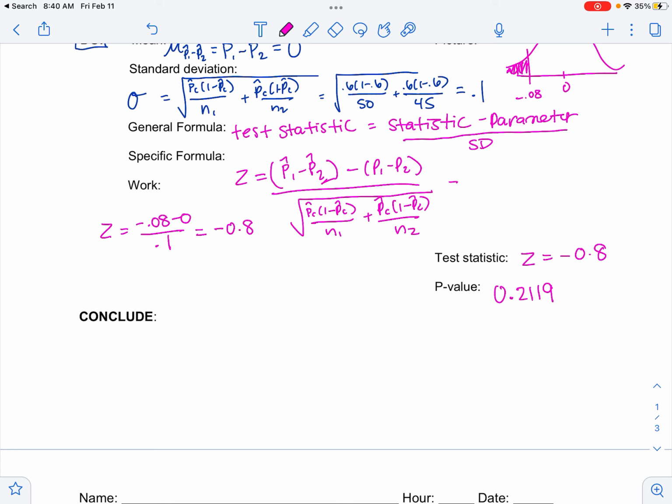For concluding, remember we interpret p and we write the conclusion.